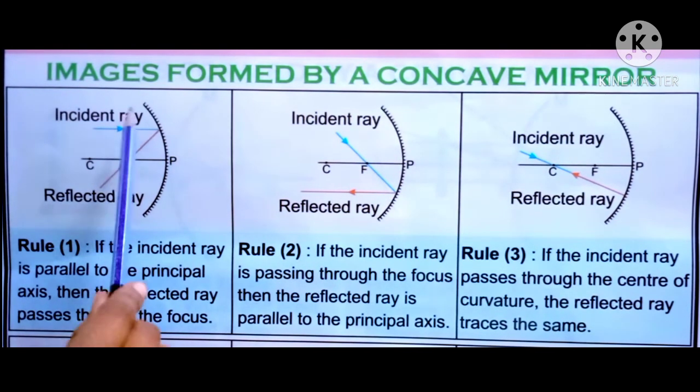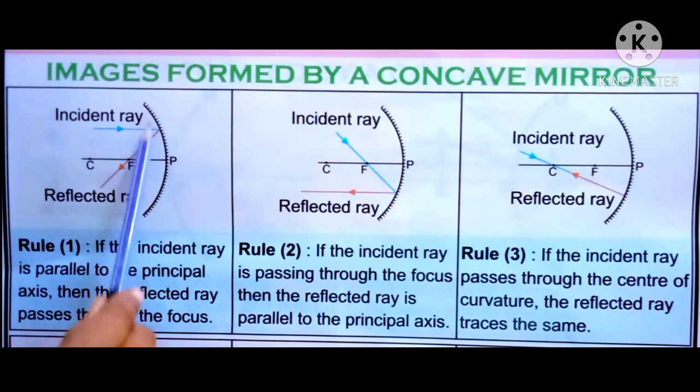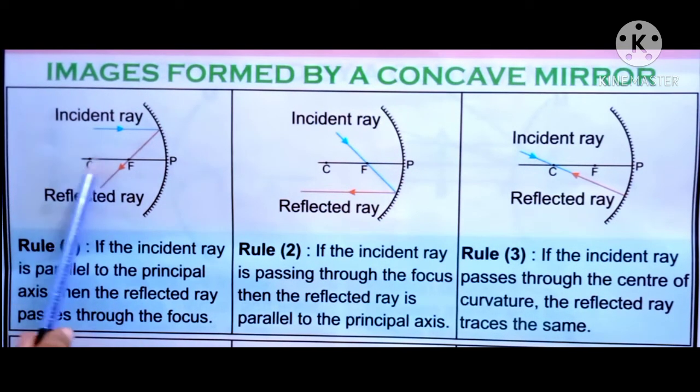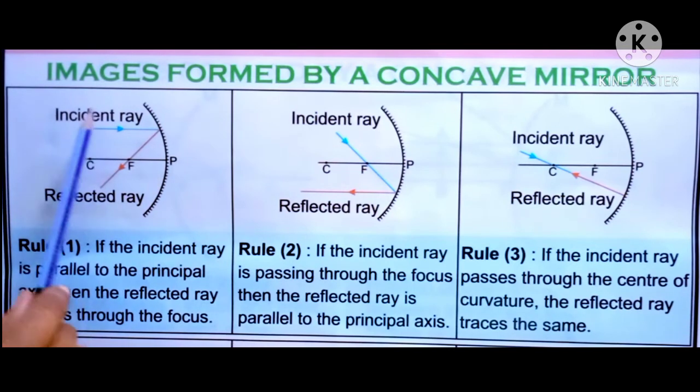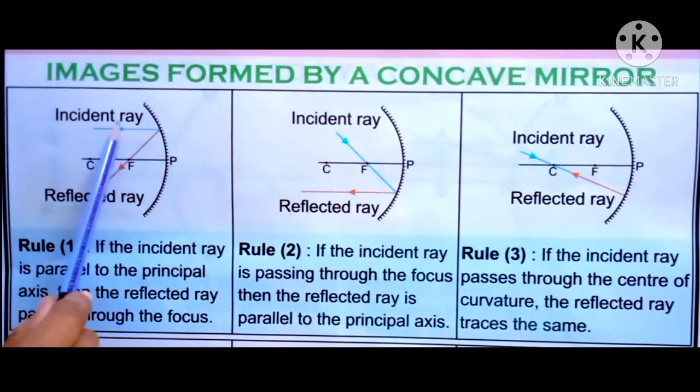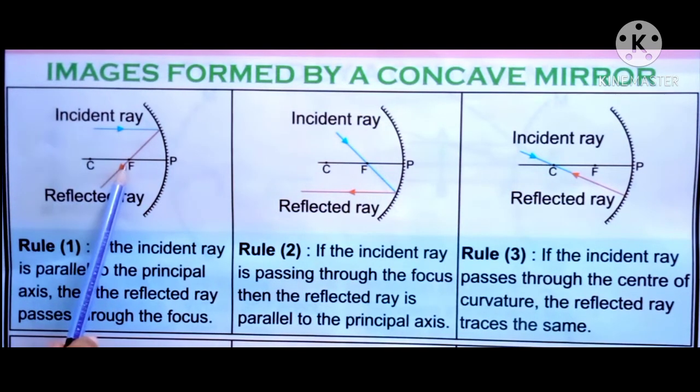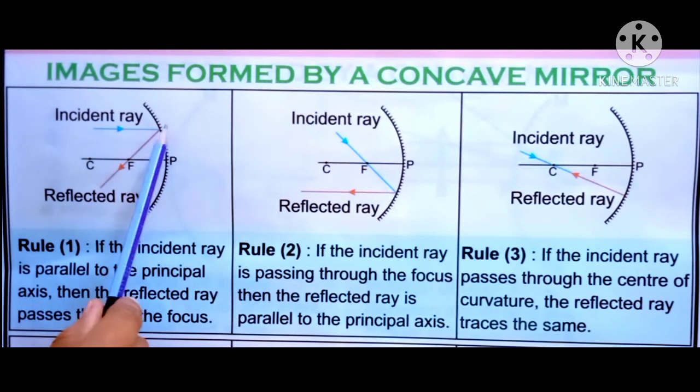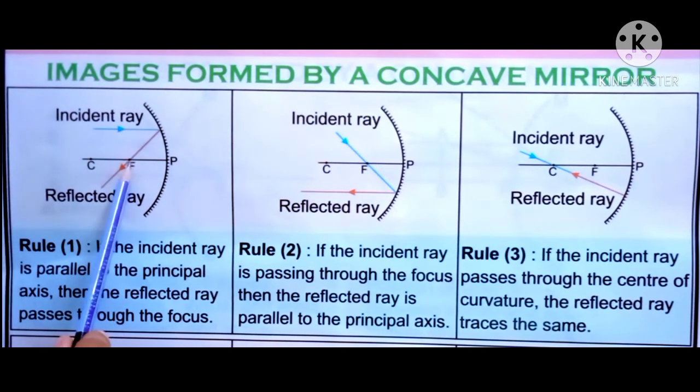That means, suppose this is a concave mirror, CP is the principal axis, and if this blue color incident ray is parallel to the principal axis, then it is going to reflect and pass through the focus. So this is the first rule.